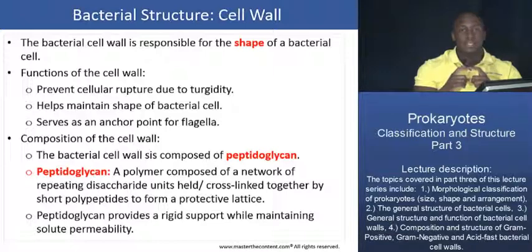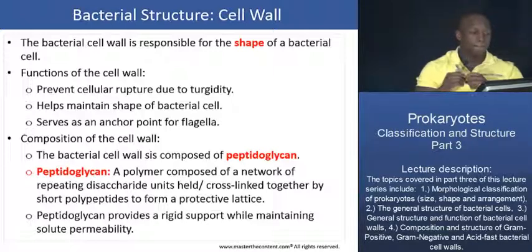It ensures that it doesn't gain too much solute or have a solute concentration that would cause it to burst. We call that lysis. And it also ensures that if it's in a very hypertonic environment, it doesn't shrink and die for that reason as well.